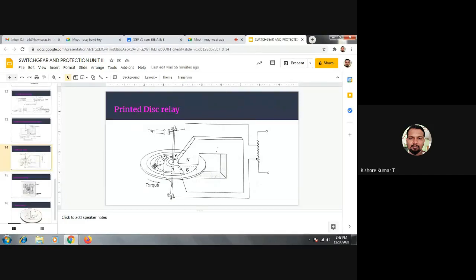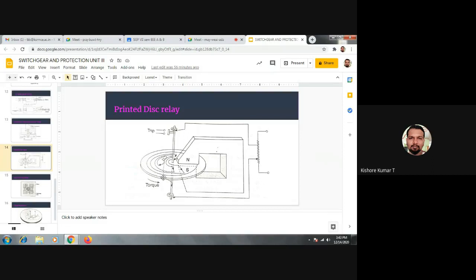Since the conductor is mounted on the disk here, whenever this is energized by the relay current, this printed circuit disk will set up flux which is going to interact with the permanent magnet flux, and there will be a torque developed on the disk, due to which the disk tends to rotate. Since it is pivoted on a spindle at its axis, it is going to rotate based on the phase shift.